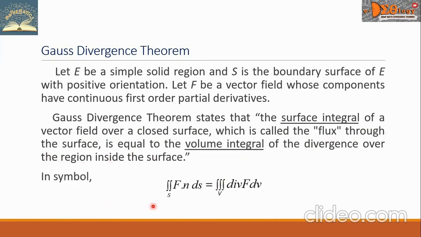In symbols, we write like this: double integral over S, F dot N dS is equal to triple integral over V divergence F dV. This is our working formula.